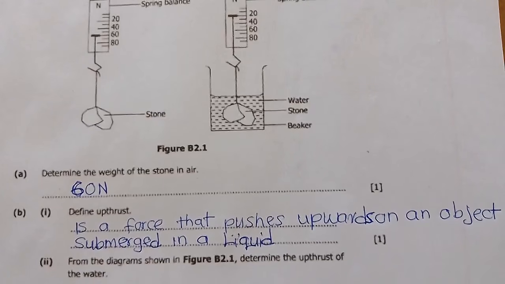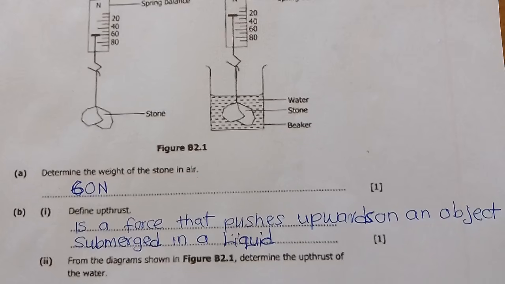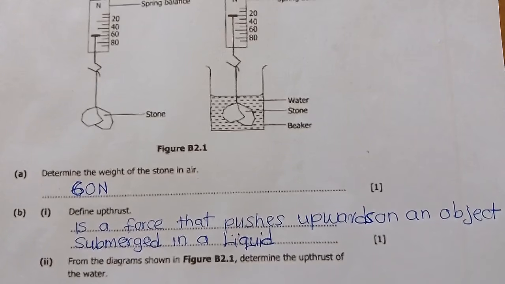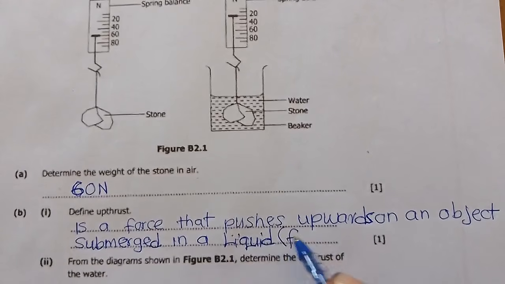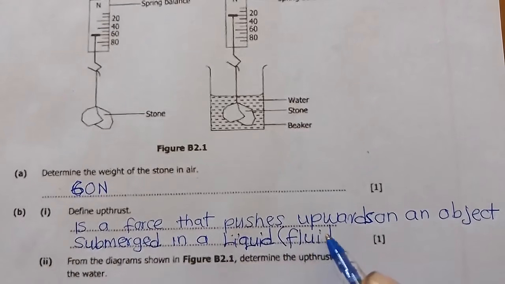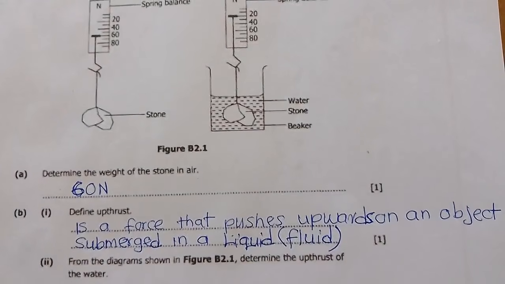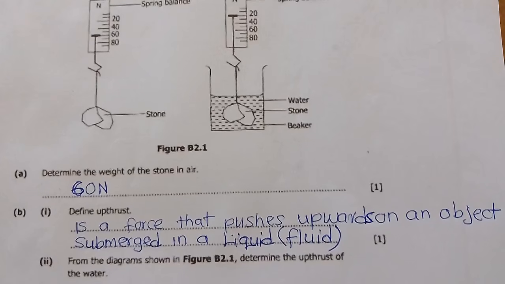So when a question comes about upthrust, you're able to answer it. You just say this is a force that pushes upwards on an object submerged in a liquid, or a fluid.